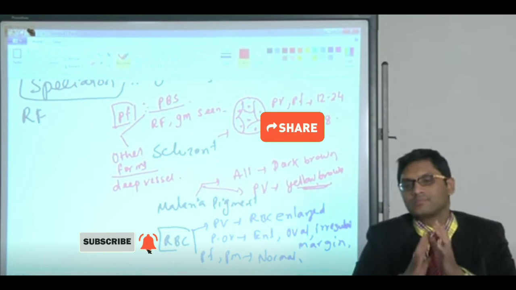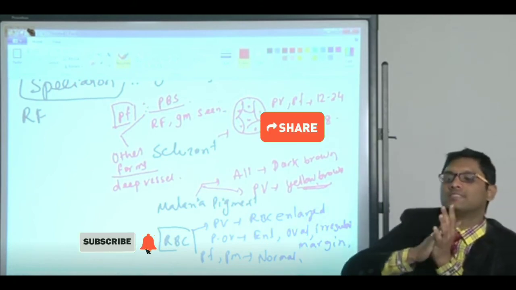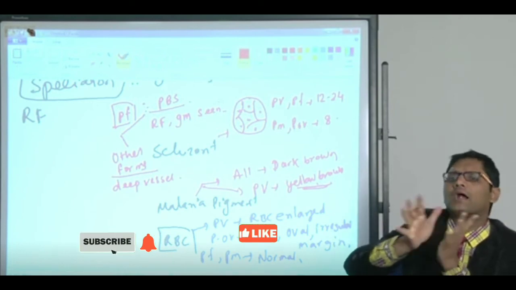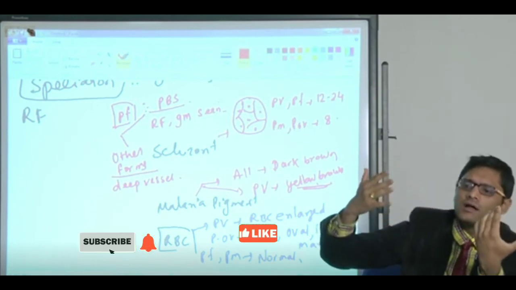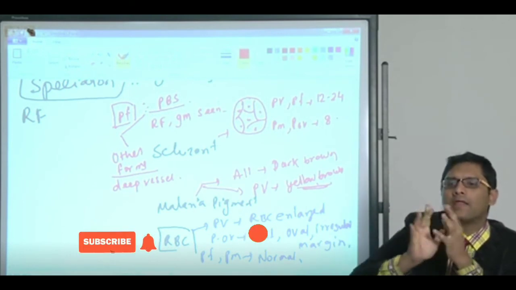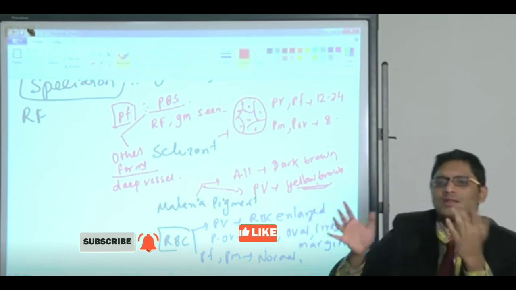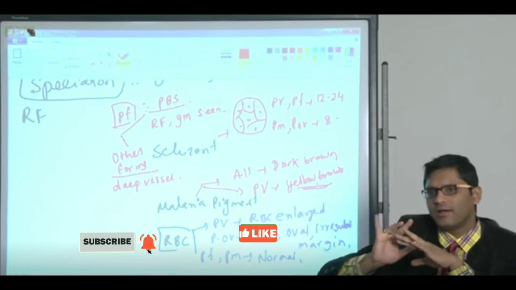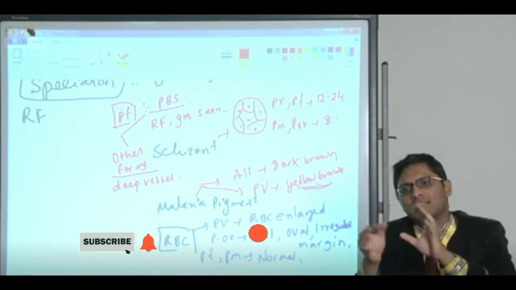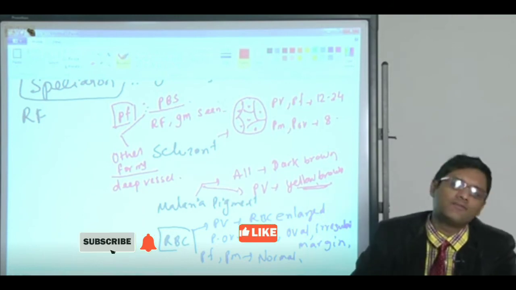Falciparum multiplies, and most of the RBC cycle occurs in deep organ vessels, brain vessels, liver vessels and so on. In the peripheral blood only the first form, the ring form, and the last form, the gametocyte, will be seen. The remaining stages occur in the deep vessels.